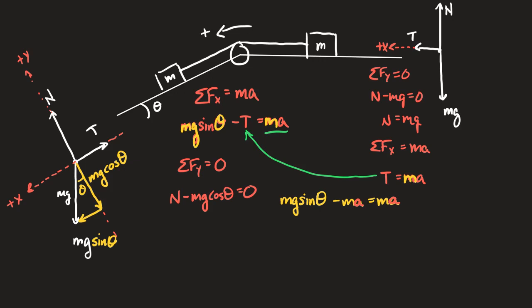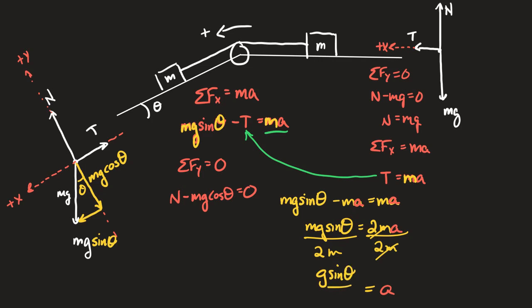I'm going to get every term with a in it to the same side. I'm going to assume that you know that ma plus ma is 2ma. Not 0 and not ma. It's 2ma. And now I'm going to divide both sides by 2m. That goes away, and I'll get a equals g sine theta over 2.